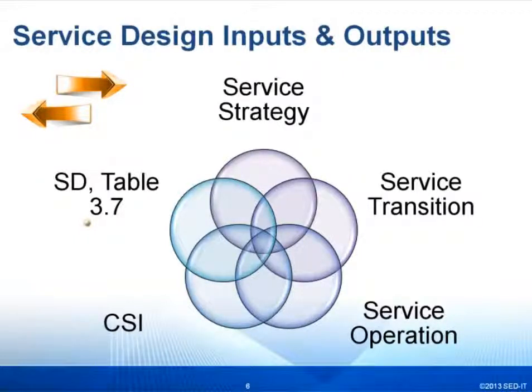Okay? Starting to see a bigger picture. There's going to be a repeat. As you look down the service design outputs, if you look at transition, operation, and CSI, wow, service catalog, service design package, RFCs, it says it over and over and over.